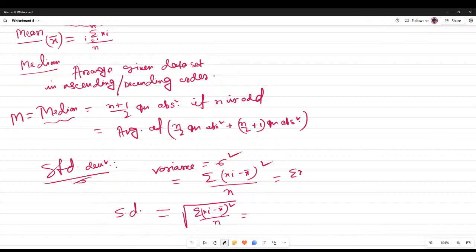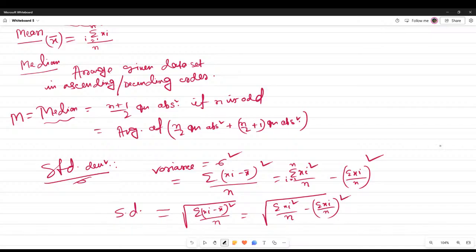This you can write as the square root of sigma xi square by n minus (sigma xi by n) whole square, with i equal to 1 to n.